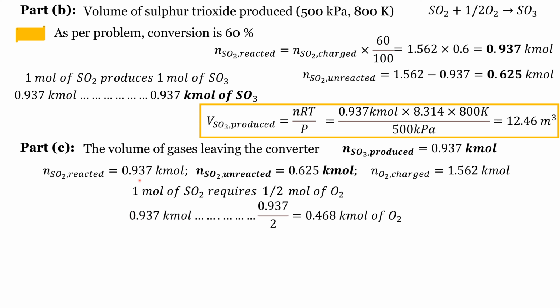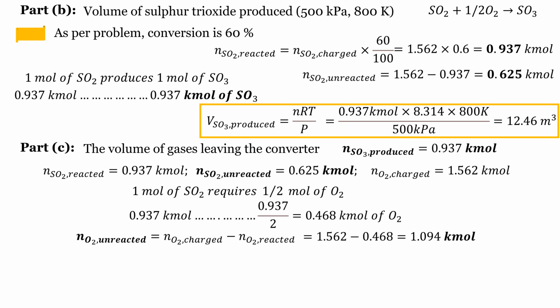So 0.937 kilomole of SO2 will require 0.468 kilomole of O2, and the available amount of O2 is 1.562 kilomole. So we can find the moles of O2 unreacted, which will be equal to charged minus reacted. So it will come out as 1.094 kilomole.